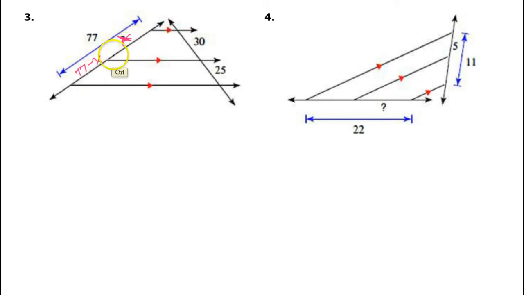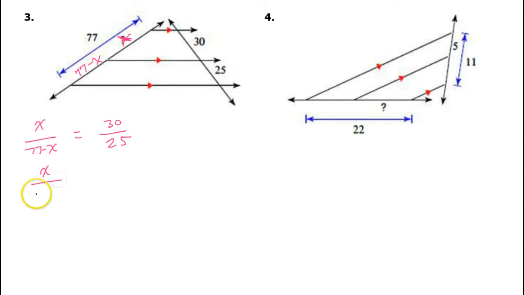My two segments are x and 77 minus x. Now I can do the side splitter theorem: x over 77 minus x is equal to 30 over 25. Part over part is equal to part over part. That's the side splitter theorem. And it has to be 77 minus x, it can't be x minus 77.